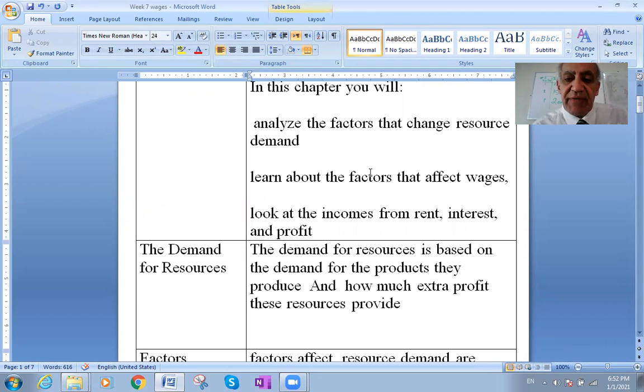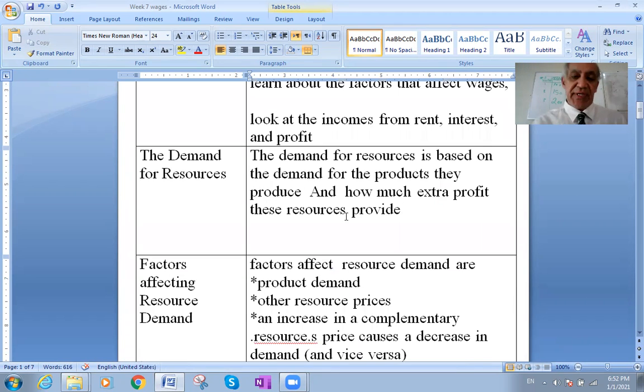So, learn about the factors that affect wages also. Then, look at the income for rent, interest, and profits. We'll see those three topics as well. So the demand for resources is based on the demand for products.